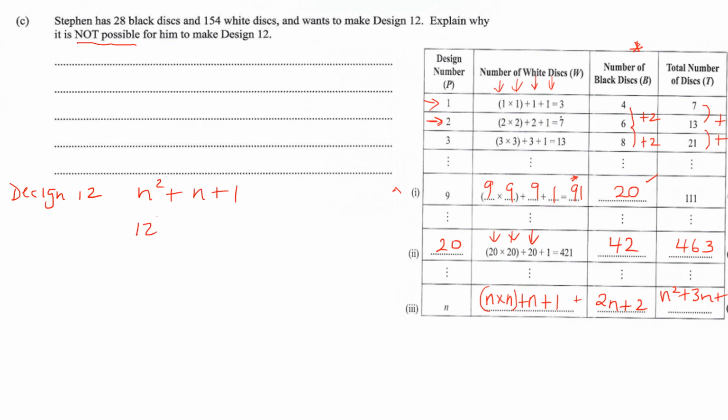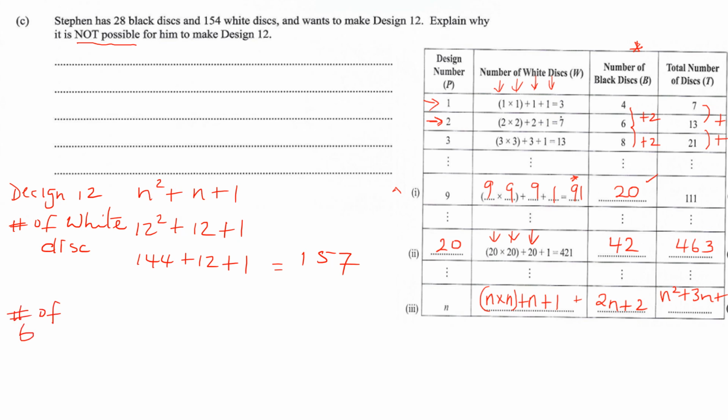So that's 12 squared plus 12 plus 1, 144 plus 12 plus 1, which gives us 157. Okay, so that's the number of white discs. The number of black discs would be 2n plus 2.